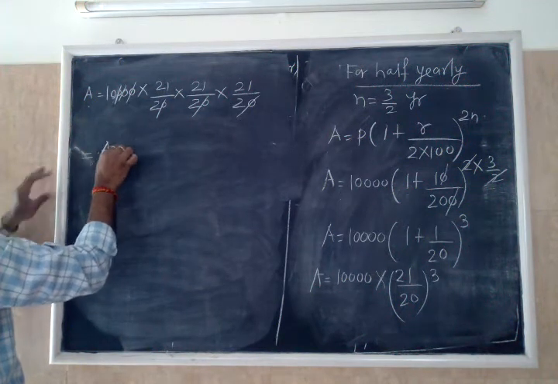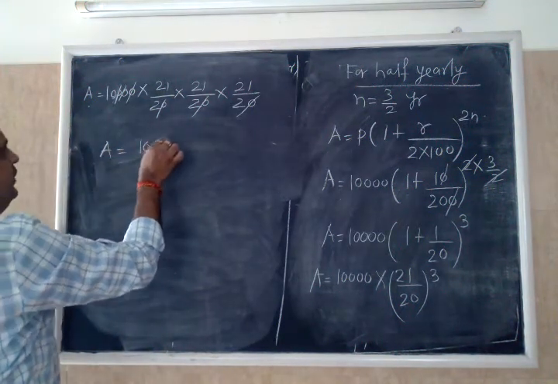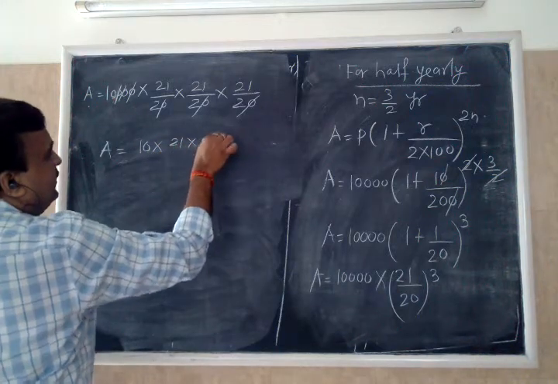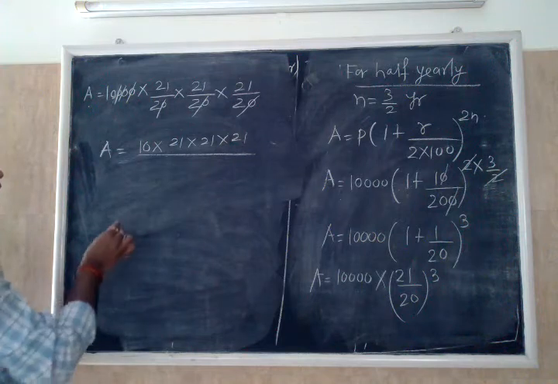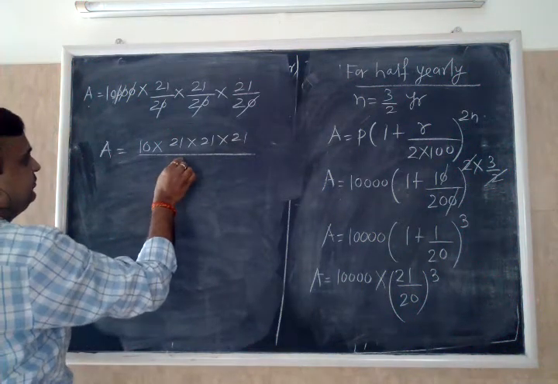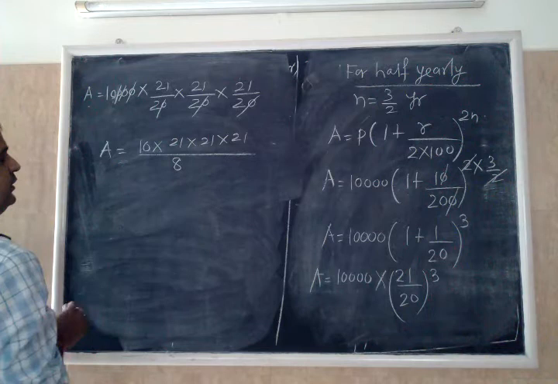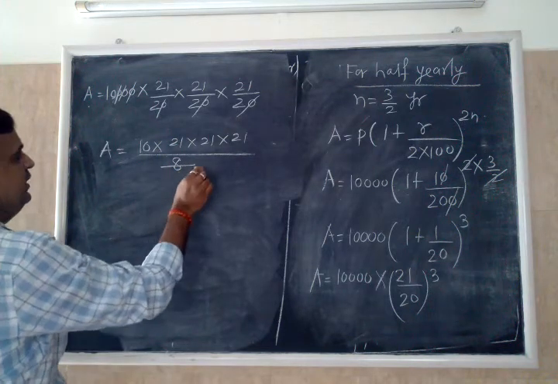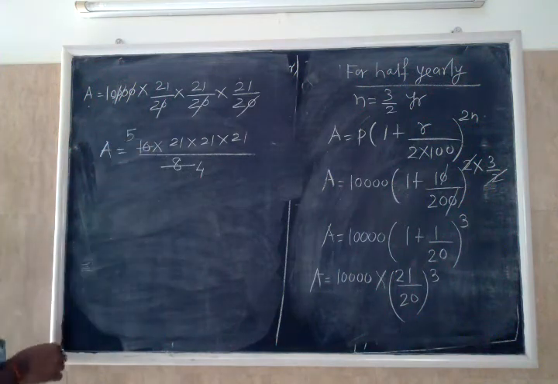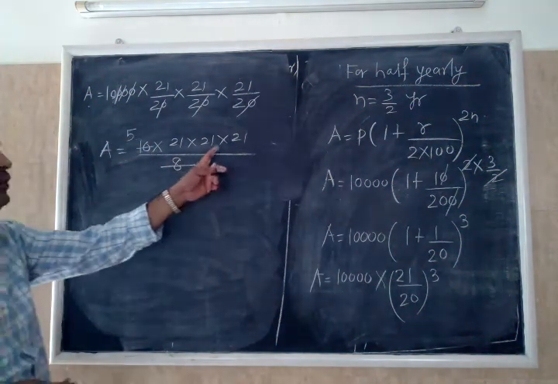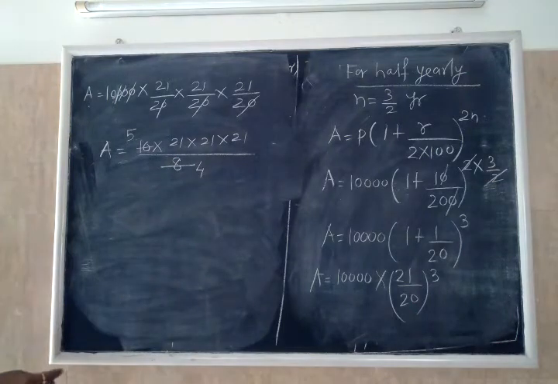A is equal to 10 into 21 into 21 into 21 upon 2 into 2 into 2, which is 8. 5 2s are 10. So multiply 21 into 21 into 21 into 5.